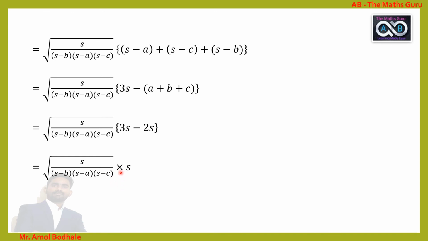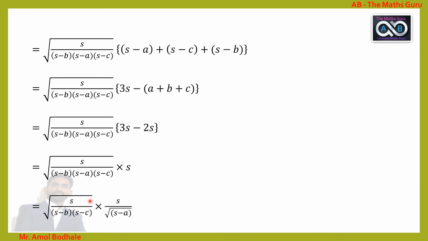As our requirement, the RHS containing the term of cot. So here we can write s upon s minus b into s minus c individually, and we'll take s minus a outside. So as we require formula of cot of A by 2, here we will multiply and divide by square root of s minus a.